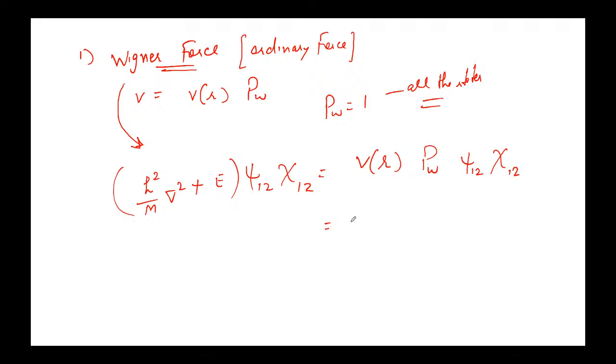Now this Wigner operator does not change either the position coordinate of the nucleons, or the spin coordinate of the nucleons. So the interaction potential has the same sign in all the states.